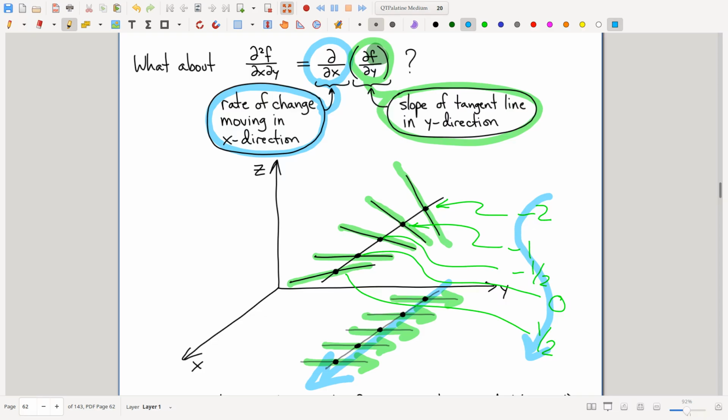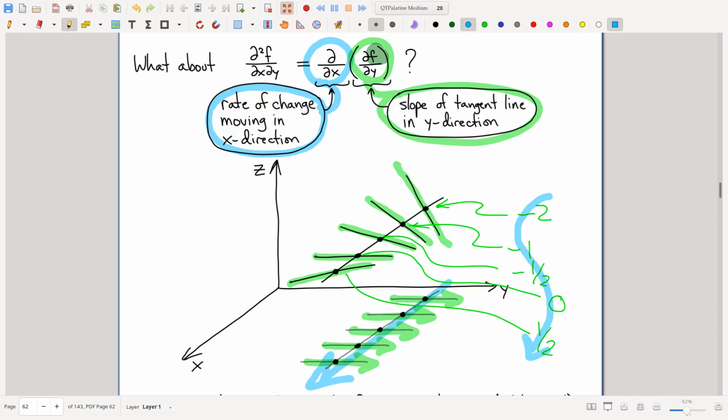So what we have here is an example, not that they all look exactly like this, but this is an example of how you can make sense out of what a mixed second partial looks like. And this is an example where the x partial of the y partial ends up being positive. And if you think about, again, this kind of thing here, it's almost like there's a sort of a twisting of the surface.